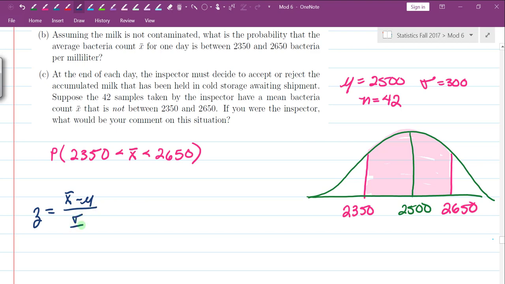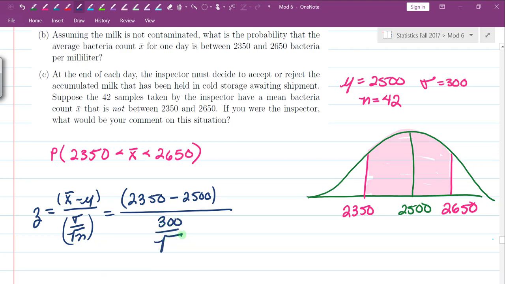So that's our formula. X bar is 2,350 minus mu, 2,500, divided by 300 divided by the square root of 42.